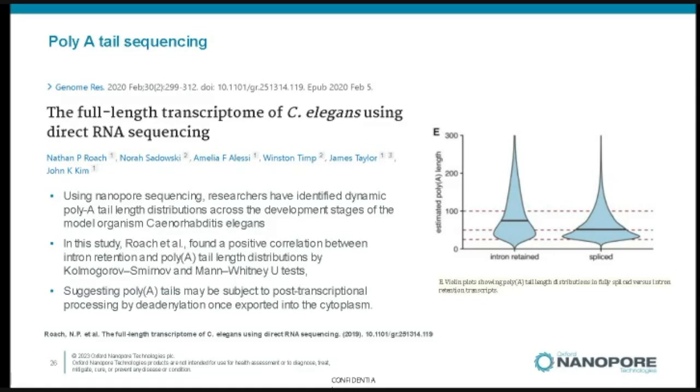By using Nanopore sequencing, their group was able to identify dynamic poly-A tail length distribution across the development stages of the model organism C. elegans. In this study, they found a positive correlation between intron retention and poly-A tail length distribution. This suggests that poly-A tails may be subject to post-transcriptional processing by deadenylation once exported to the cytoplasm.